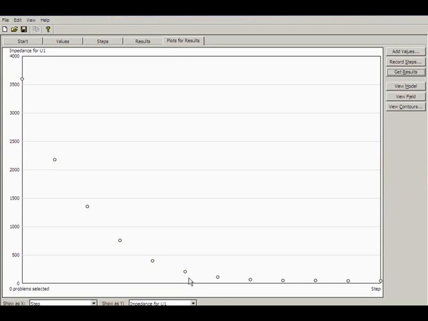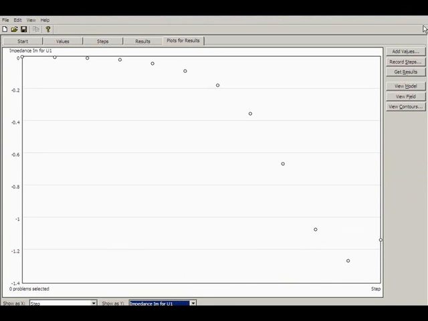So we can see that the polarization effect is causing this uprise here. And what we would really like to do is remove this polarization effect.